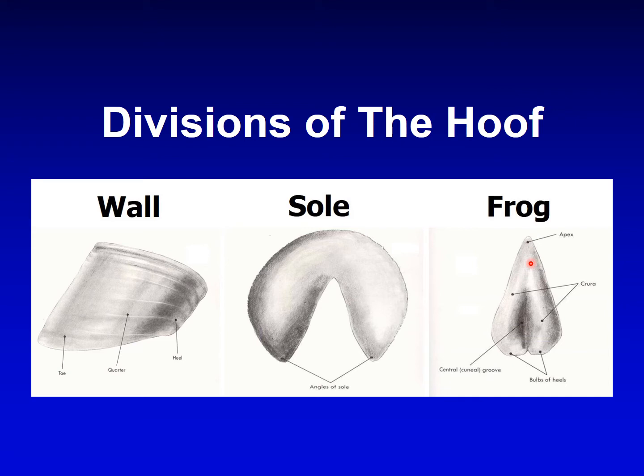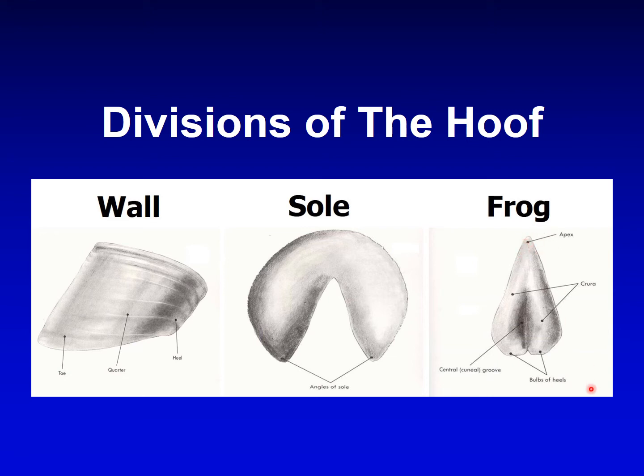Now, the wall has also three divisions: a toe, a quarter, and a heel. Toe, quarter, and heel. The sole has angles of the sole, and then the frog consists of an apex and bulbs.